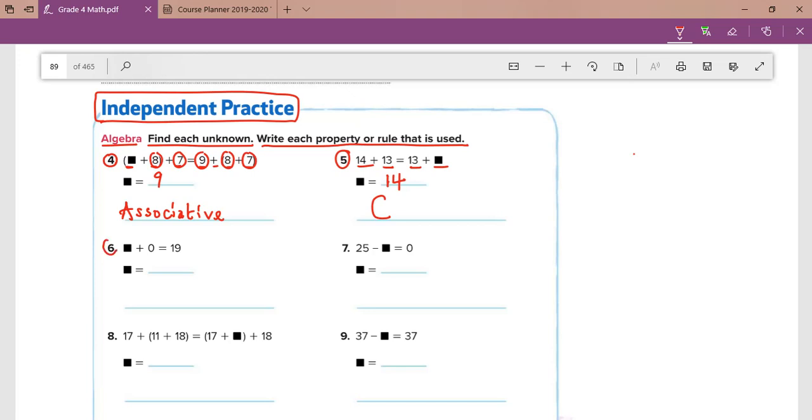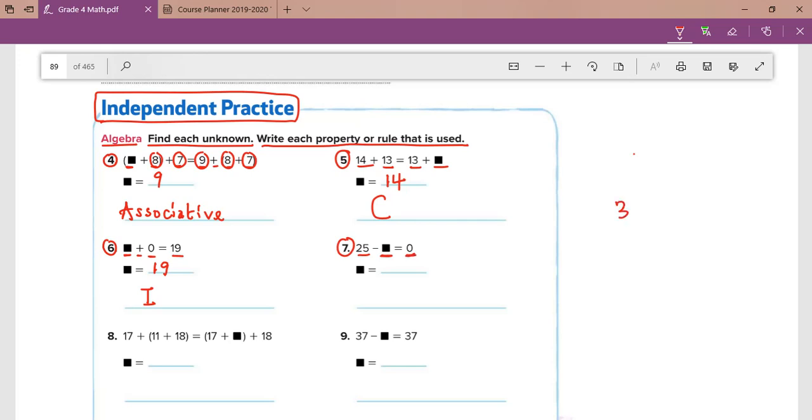Look at question 6. Check if you are correct. What number will you put here such that when you add 0, you get 19? The number is going to be the same thing as 19. Remember, identity property. Next, let's look at question 7. 25 minus, what will you have here such that your answer gives you 0?